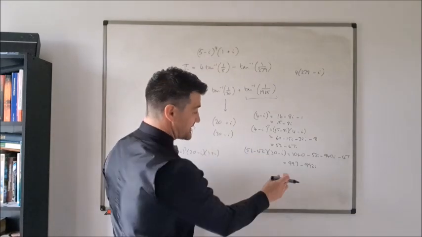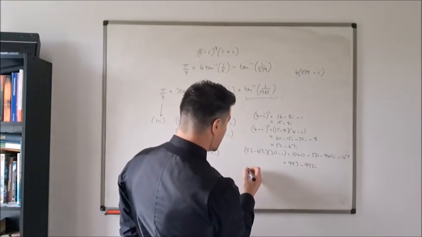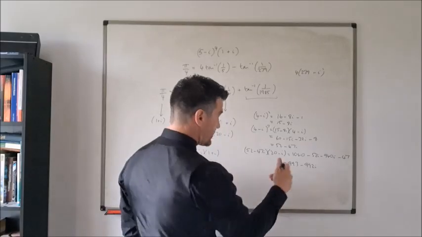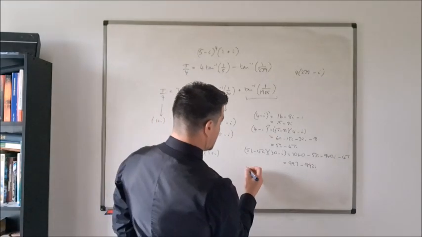Now this is good because these are quite close together, 993 and 992. This is another sign really that you're kind of going in the right direction, I suppose.